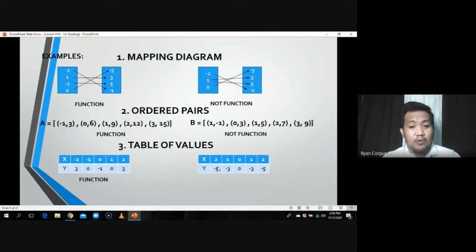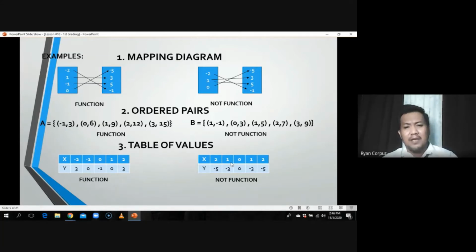But if we look at the table of values on the right, looking at the values of x, you can see that 1 was repeated, and 2 was also repeated. So that means the table of values on the right shows not a function. So that's how we identify through mapping diagram, ordered pairs, and table of values whether it's a function or not a function. But in this afternoon's lesson, what we are going to determine are quadratic functions.